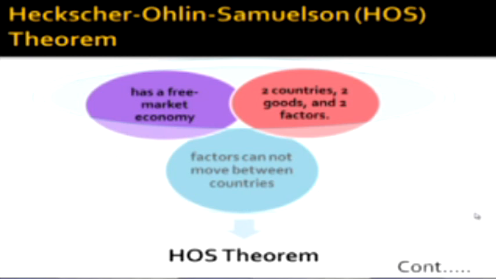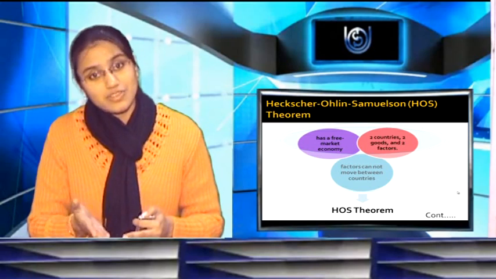Now, the HOS theorem. This theorem states that the exports and imports of a country always depend on the availability of factors in that country. The country will only export those products in which it is intensive in production.